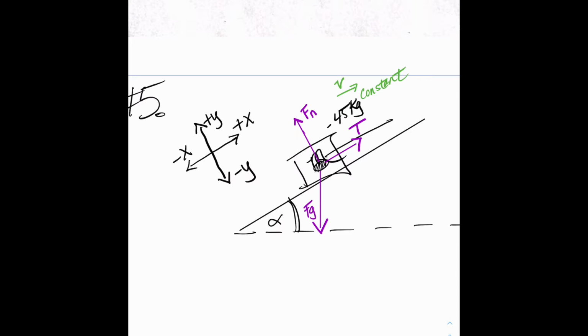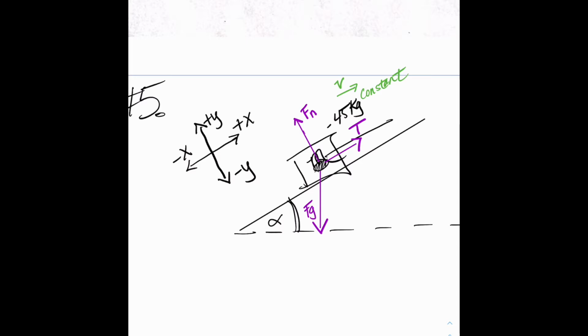Now the reason we do this is because we have 2 forces that don't agree with the normal way of doing things: Fn and T. Rather than split those into their components, it's easier to have them be the new normal, pointing in the positive y and positive x, and then just work with Fg.